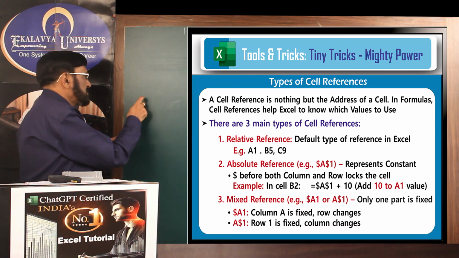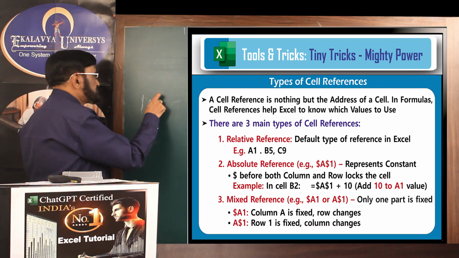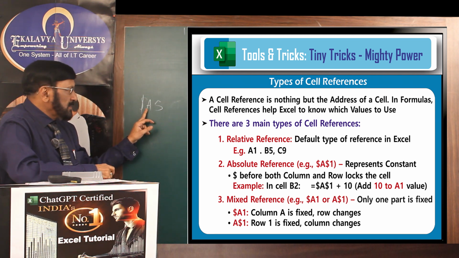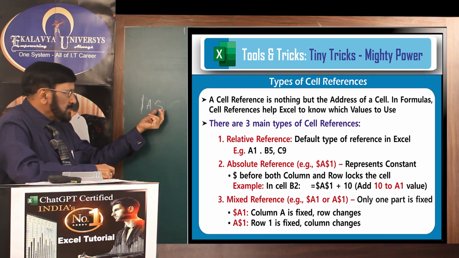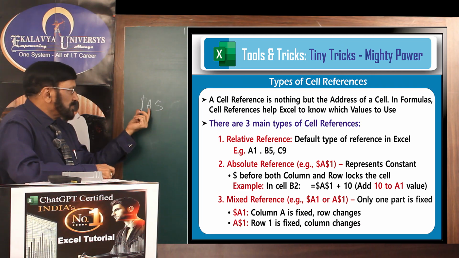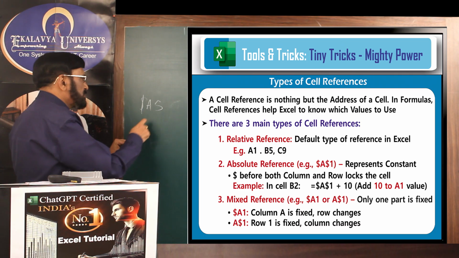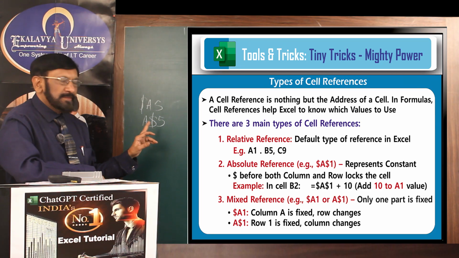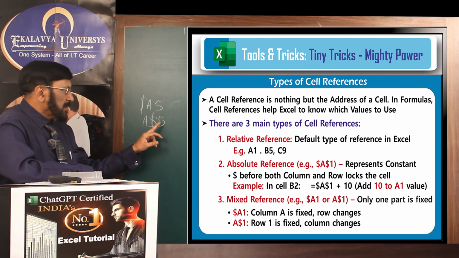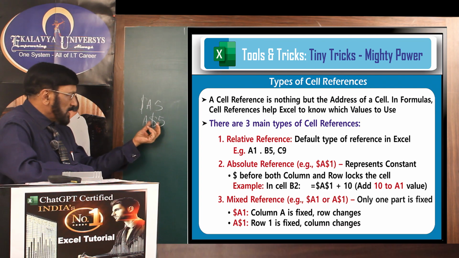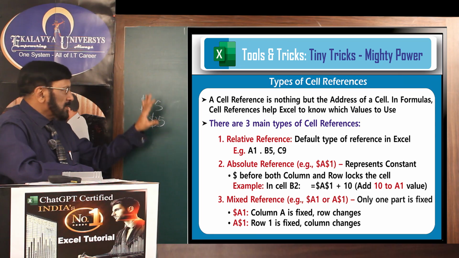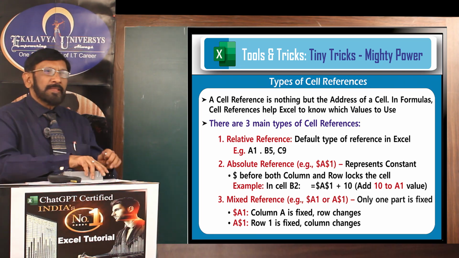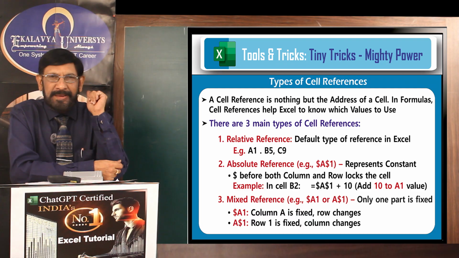Mixed reference means $A5, that means we are locking the column, but the row is free. This is relative, this is constant. Sometimes A$5, that means the column is relative and the row is absolute, so we are locking the row. So here you are able to understand four types. The first type obviously you know, the remaining types I have to explain.